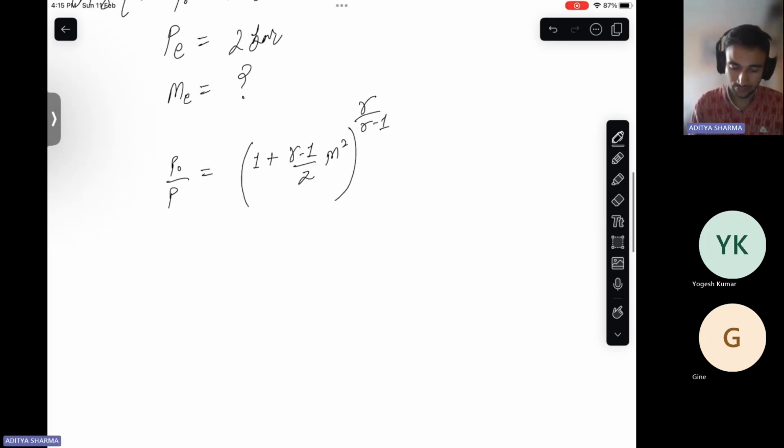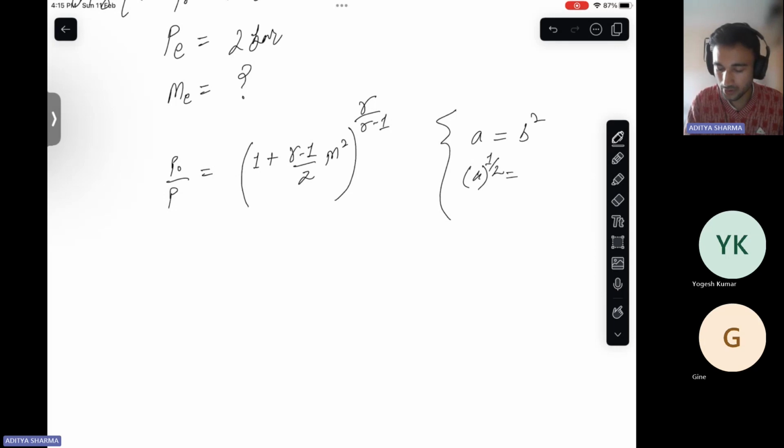What I'll do is, if I say a equals b squared, I'm just giving a mathematical operation, and if I take the root on both sides, what will happen? A to the power 1 by 2 will become b.